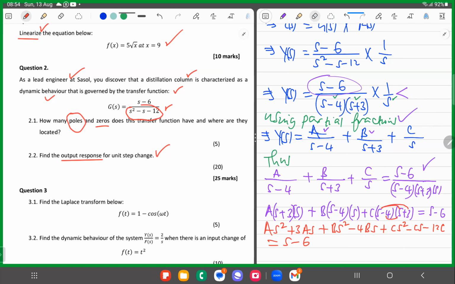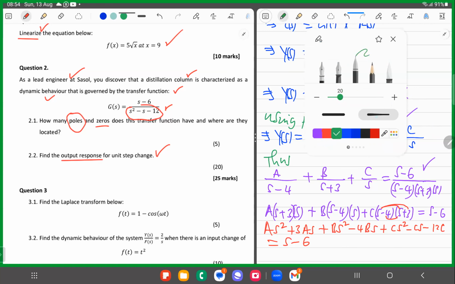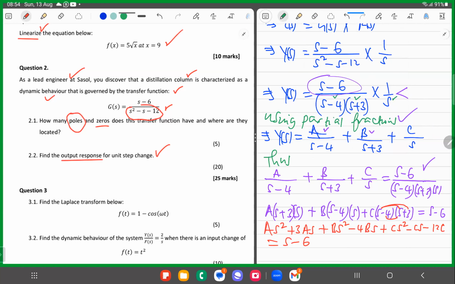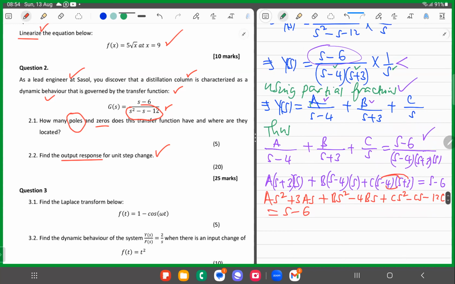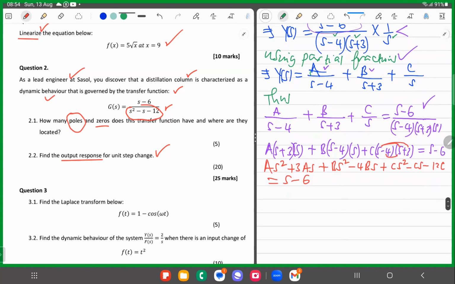We need to find the values of A, B, and C that will bring the numerator. So always leave the numerator out. We focus on the denominator, and then the A, B, and C, because they are actually numerators, will make it up. So when we add them up, they will give us S minus 6. Somehow it works. So this is called partial fraction decomposition in particular.